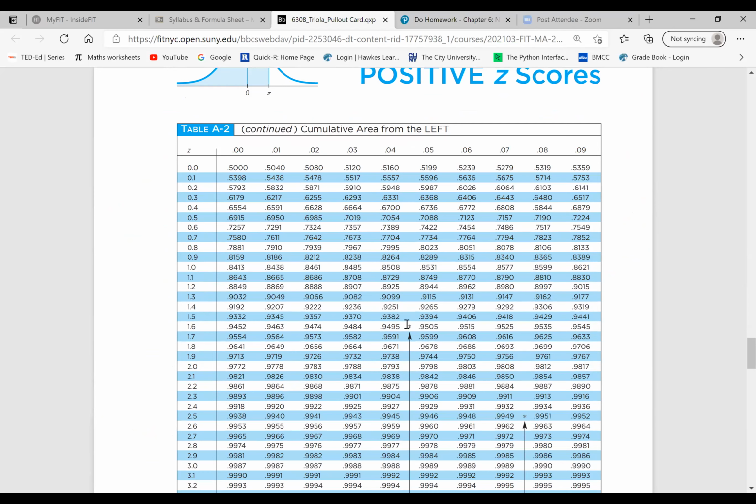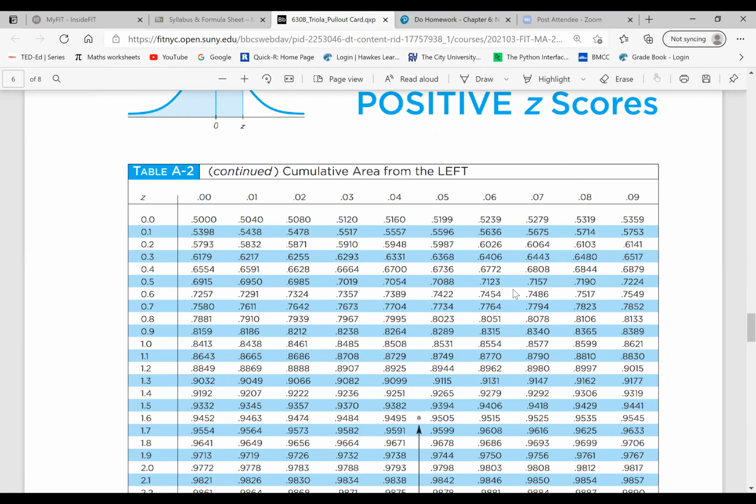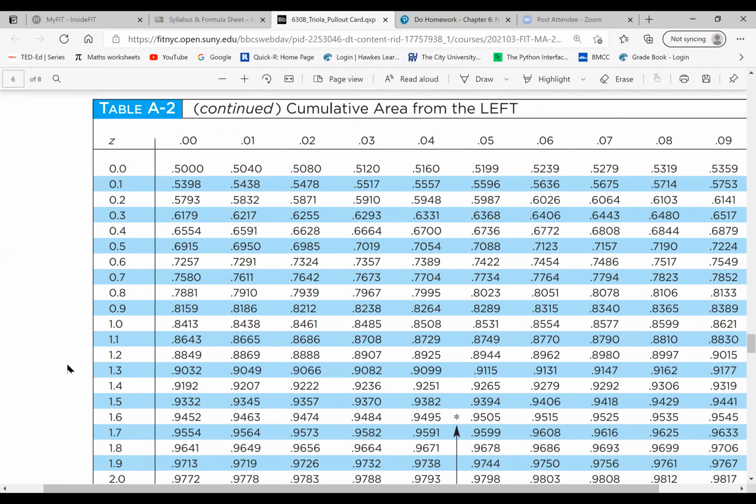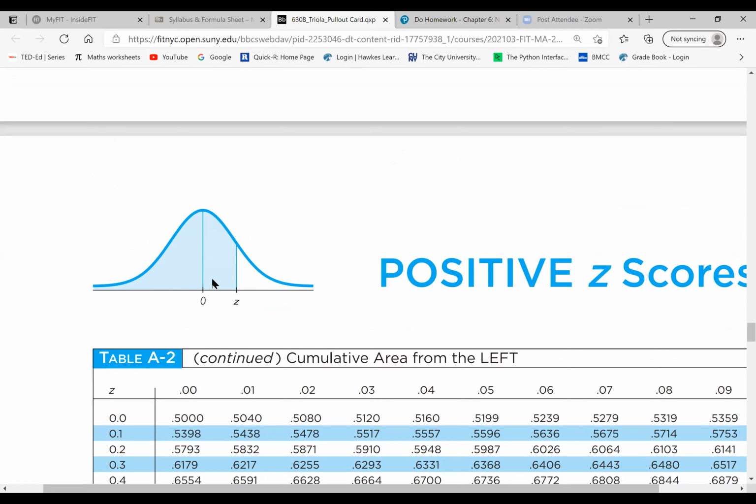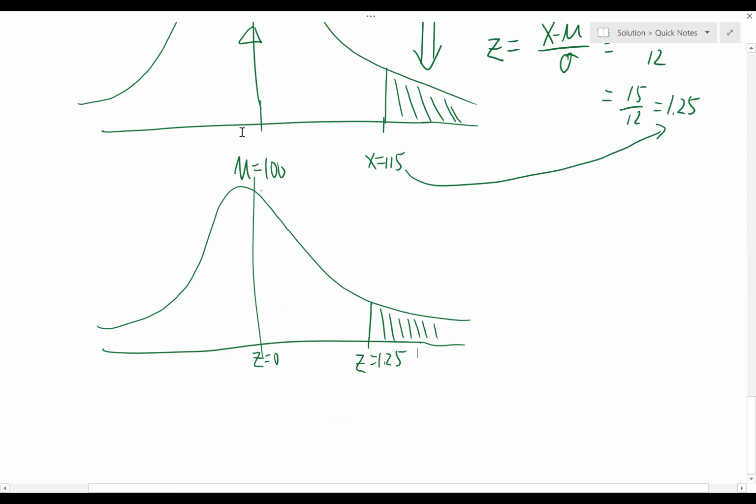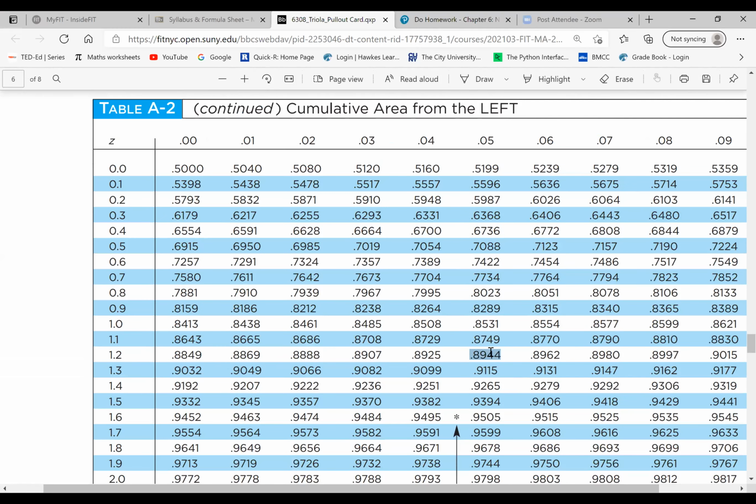So for 1.25, the corresponding probability should be 0.8944, right? That's the area to the left. Remember, it only provides the area to the left. And then if you want the area to the right, we're going to use 0.8944. Let me double check one more time. Yeah, 0.8944, that's good.